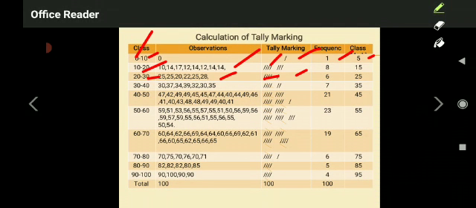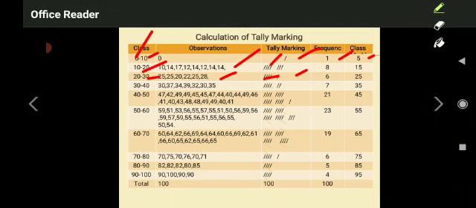Like that, go to 50 to 60 class interval, there are 23 observations. You have to write all those observations. If you commit any small mistakes, if you leave out any observations, your entire answer will be wrong at the end.